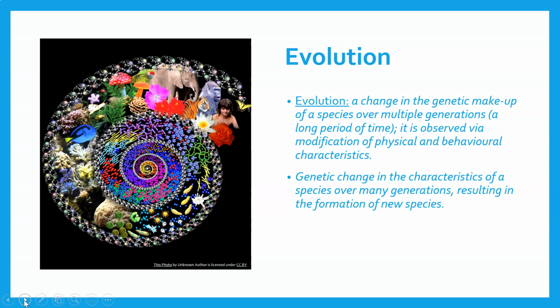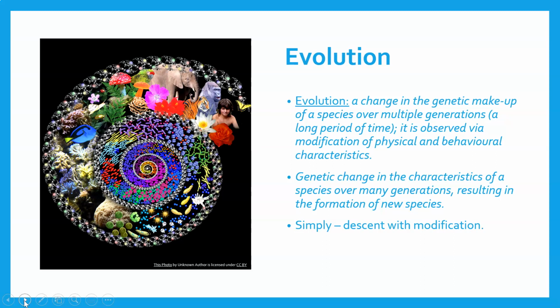If you look at species today and look back over thousands of years to where their origins have come from, you will see there is a great change to those species. So, put very basically, evolution is descent with modification.